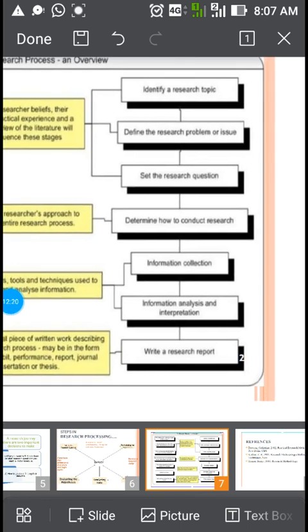This one. The first is identify a research topic. This is the first part of the research process. Once you identify the research topic, then you need to define the research problem, or set up the research question or the problem that you need to find out.